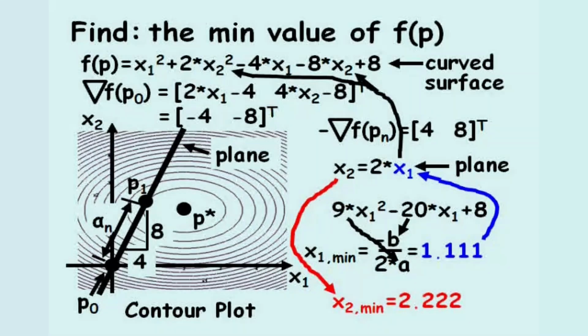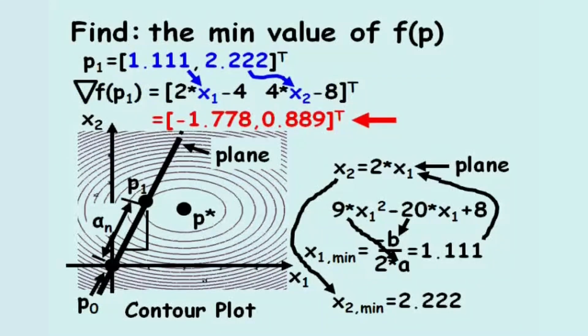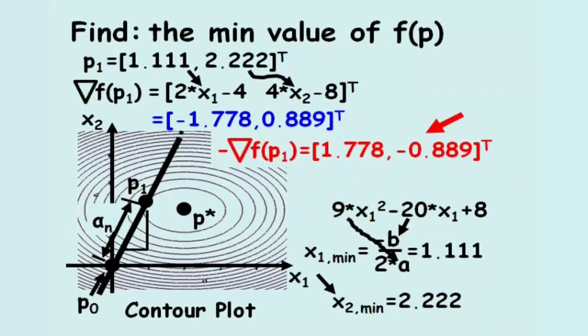Now that we've found point p1, we'll compute the gradient to find out if p1 is a minimizer. The gradient at p1 equals negative 1.778, 0.889, whose opposite direction is positive 1.778, negative 0.889.